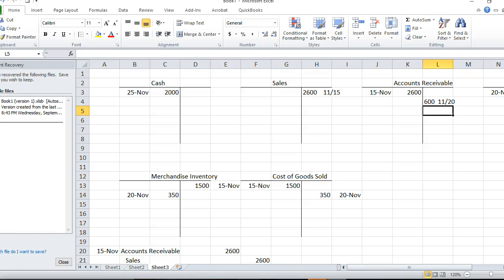And our accounts receivable gets credited $2,000. We don't do anything with inventory because all that happened is we got paid. Any questions on that? It's kind of making sense?